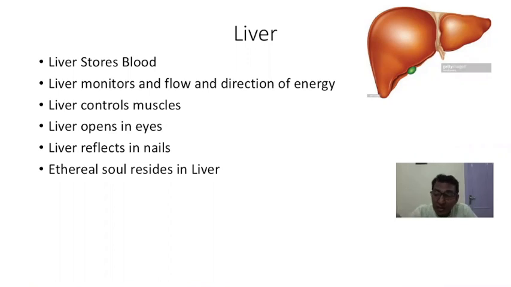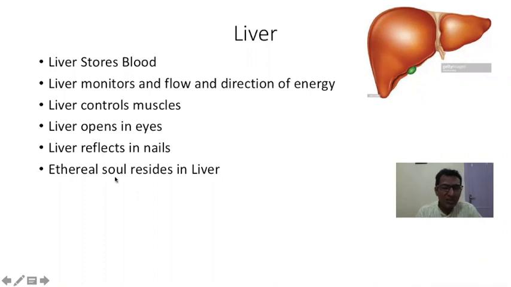That flower outside the body is the nails. When I see the nails of a person, I can make some educated guess on how that person's liver is functioning. So that is where we say that the liver reflects in the nails.